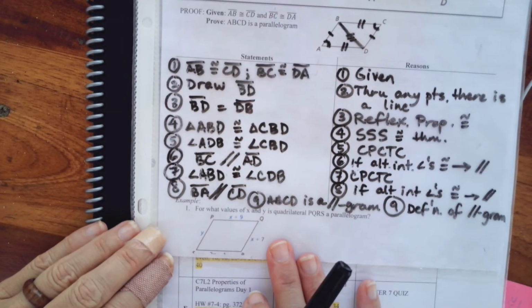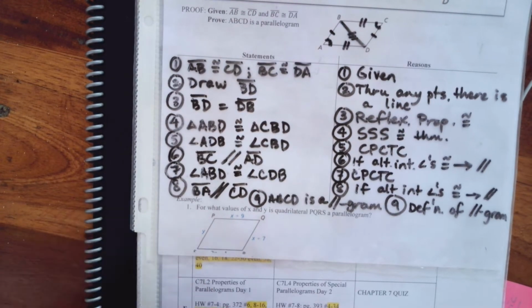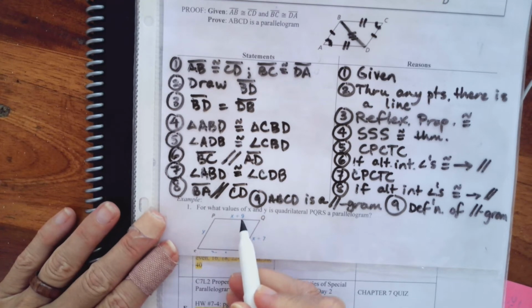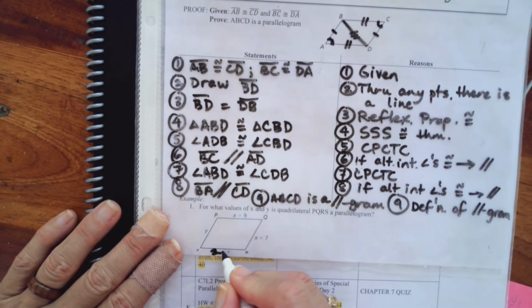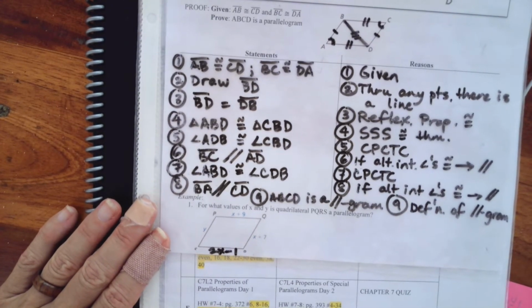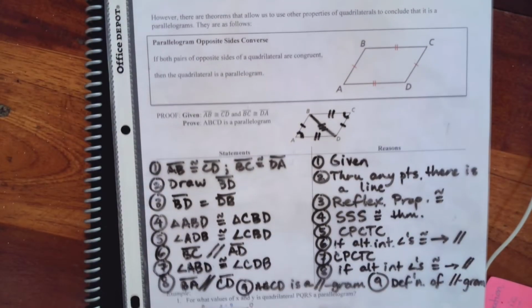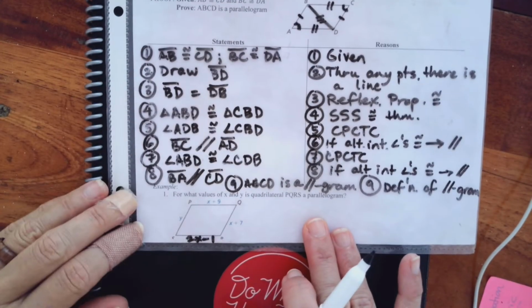This one down here, number 1, when I printed it, it cut off right here. I don't know if yours cuts off, but on the bottom, x plus 9 is equal to 2x minus 1. And all we have to do, if we want to know what these values are, is solve it that way. So we know they're equal.